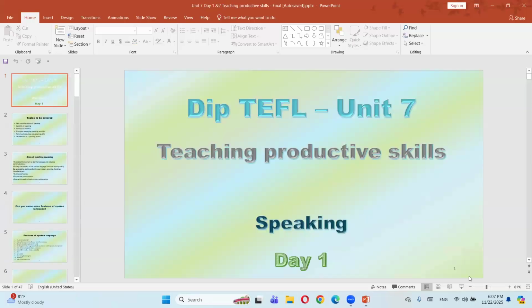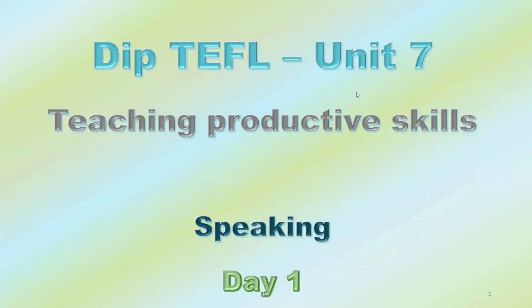Right. So as you can see, Unit 7 is all about teaching productive skills. You know there are four main skills when it comes to teaching a language or learning a language. We can divide them as productive and receptive skills. So today we are focusing on productive skills.